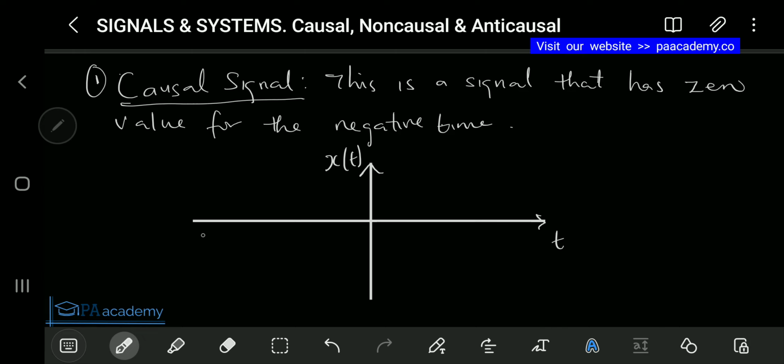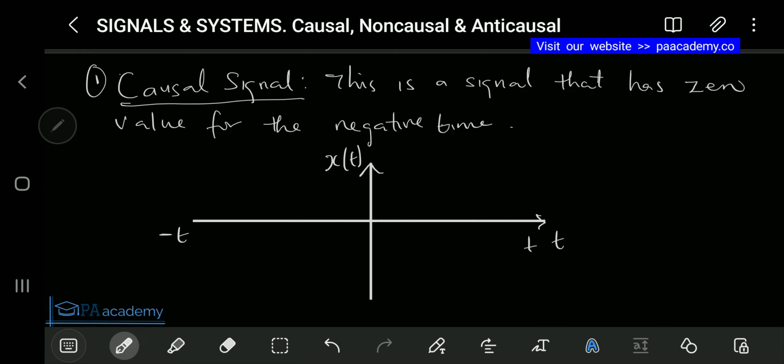If you look closely, this horizontal line is for the time. This is the positive side of it, and this is the negative side, so let me write negative t here. What it says is that this is a signal that has zero values for the negative time, meaning that on the negative side there are actually no values.